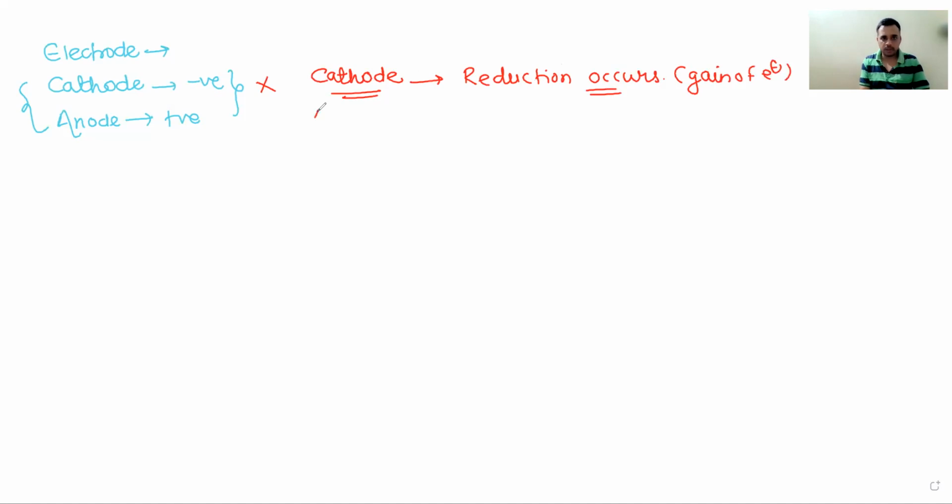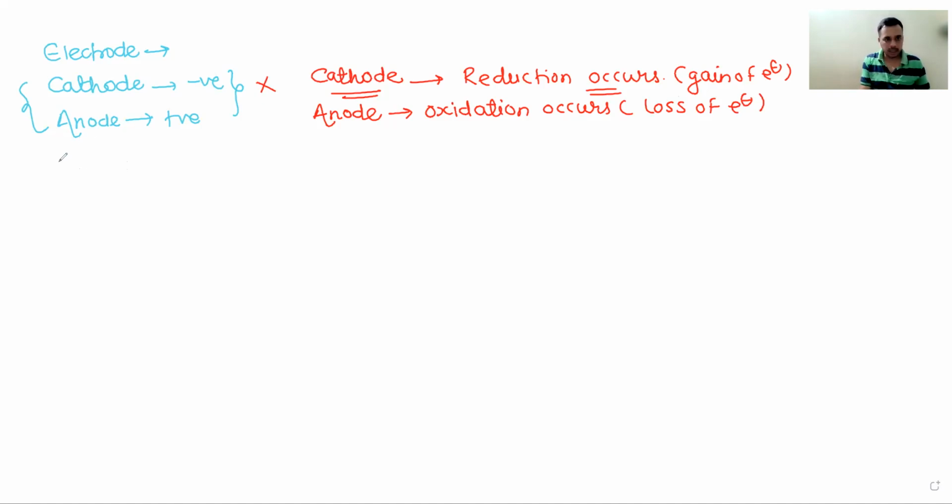And when we deal with the anode, oxidation occurs. This is our main part. Oxidation means loss of electrons. One more term we are going to require is Gibbs free energy change, which we must have already studied in thermodynamics. Many students get confused about it.